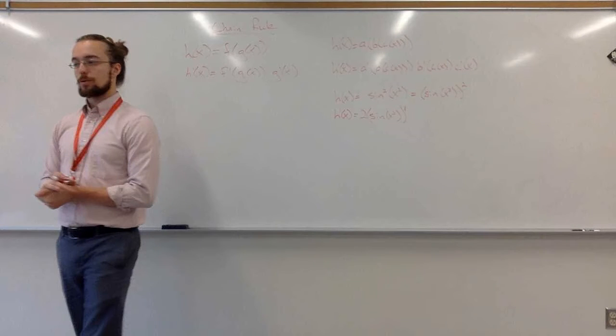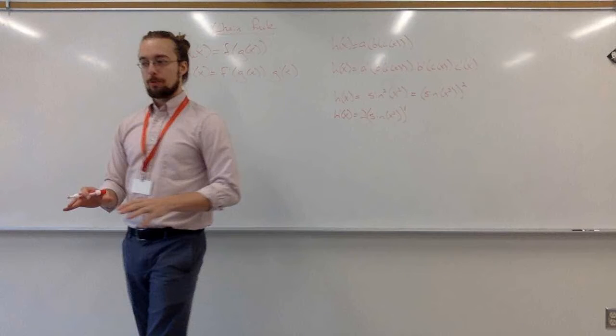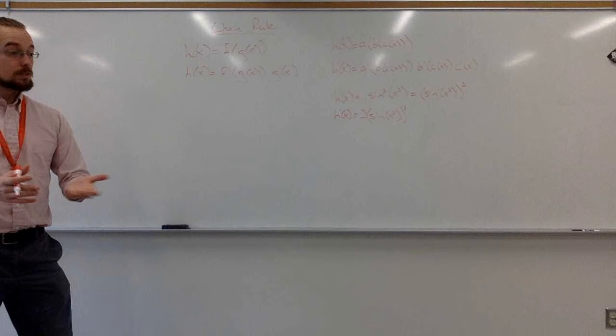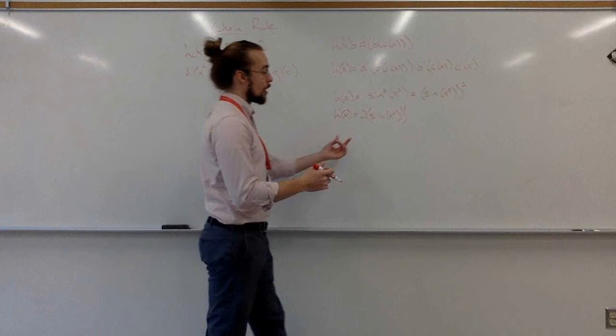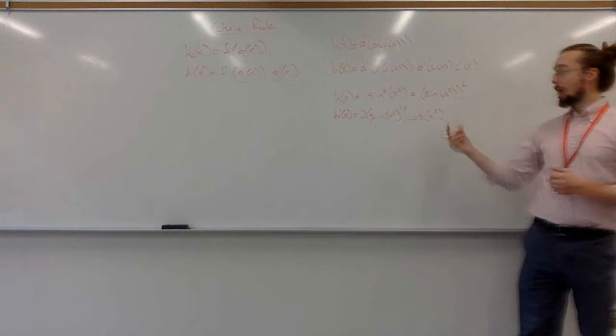Obviously, if we're raising something to the first power, we don't actually have to write it like that, but I'm going to write it like that just so that we can see the layers that we're producing here. What's the next layer in this function? The sine. So now I'm going to take the derivative of sine, so times cosine of x squared. And I'm not going to change the inside of that.